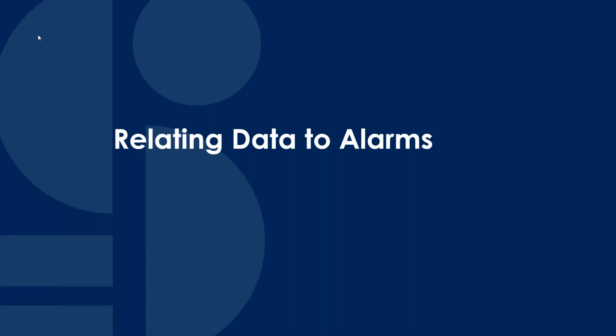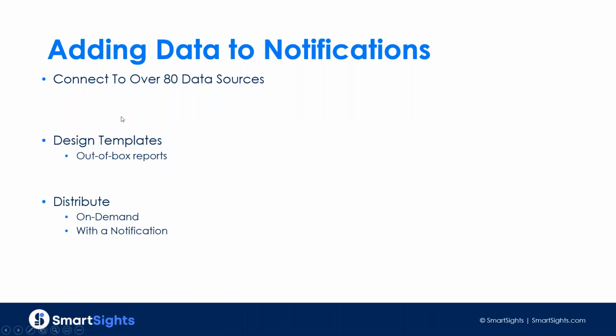And so what we're going to go over now is implementing the SmartSights bundle, which includes both Win911 and Excel Reporter, and some of the advantages that will give you in terms of the information you're able to access in your mobile app and the information you're able to relay to your alarm recipients. So we're talking about relating process data to alarm notifications, right, that are going out in the mobile app.